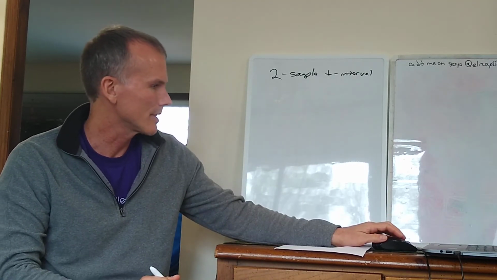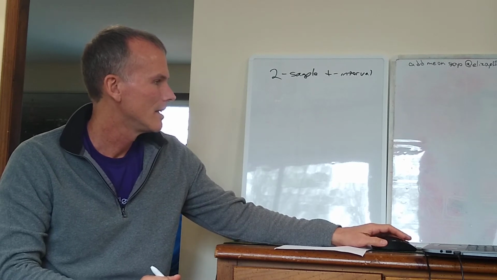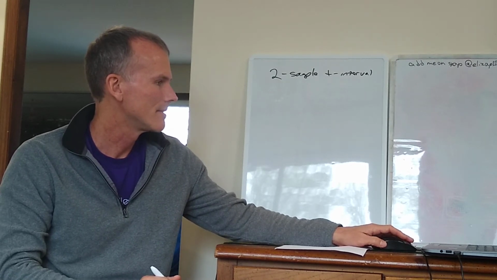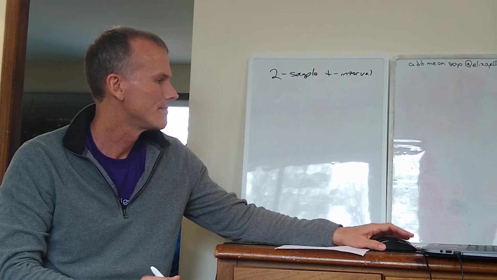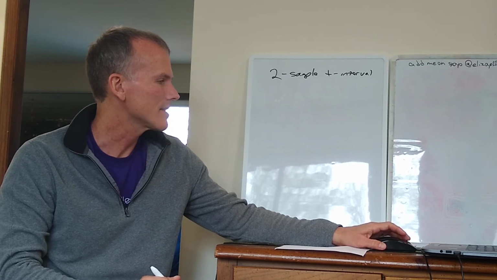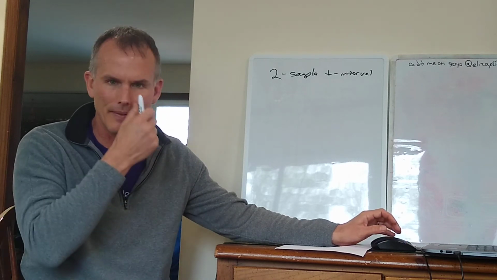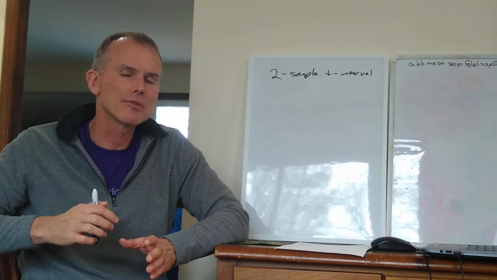Now, the example that we're going to do right here: we are going to select a group of people, and then we are going to assign them to two groups.